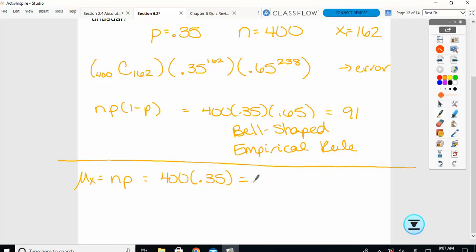So 400 times 0.35 is 140. Standard deviation is the square root of n times p times 1 minus p.